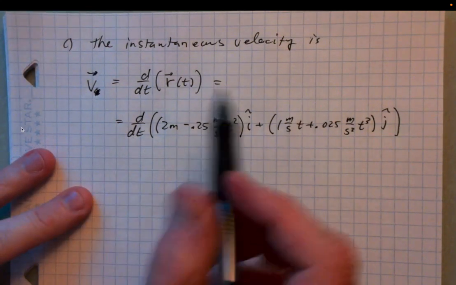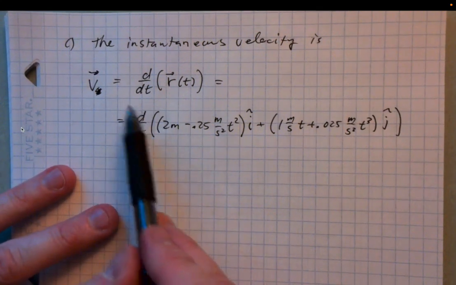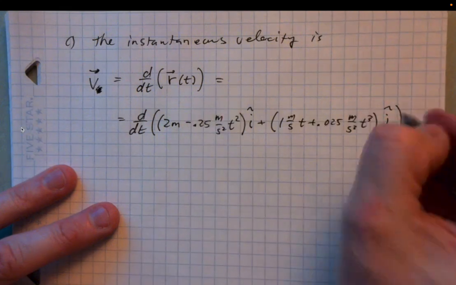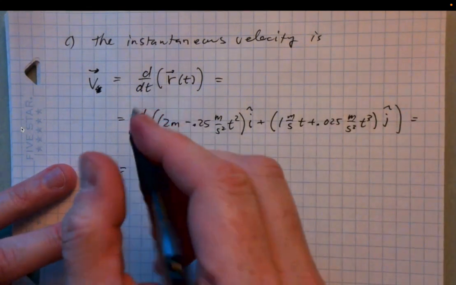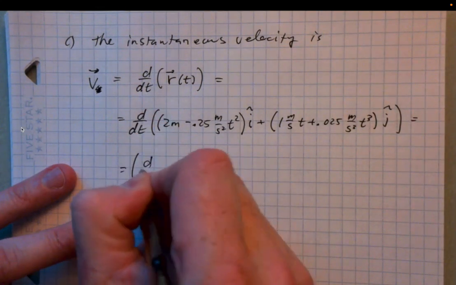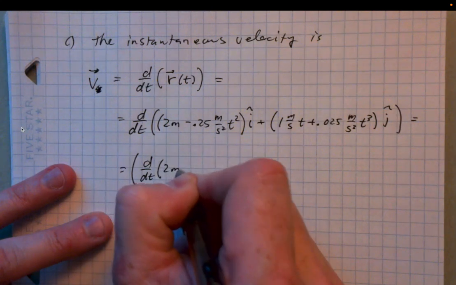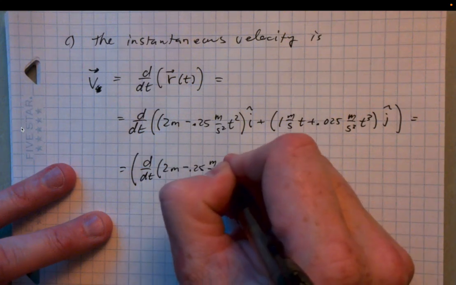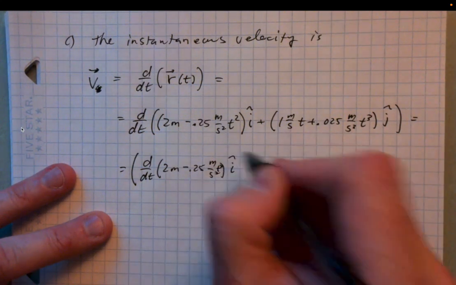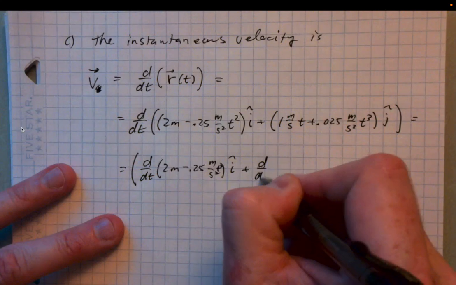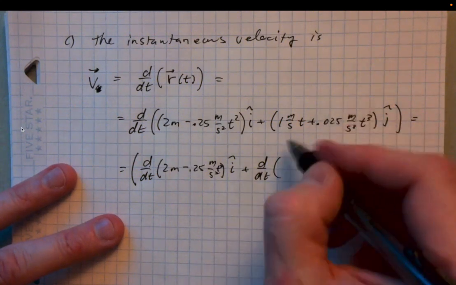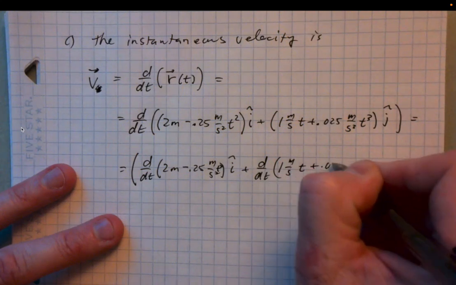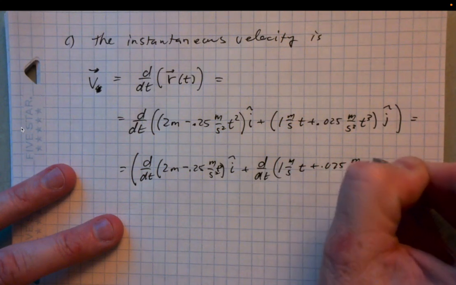The whole point that I was making earlier is that when you differentiate a vector like this, you really just need to differentiate the components, right? And so this would be equal to d/dt of 2 meters minus 0.25 meters per second squared t squared, that's your i hat, plus separately the derivative of the y component, 1 meter per second t plus 0.025 meters per second cubed t cubed.